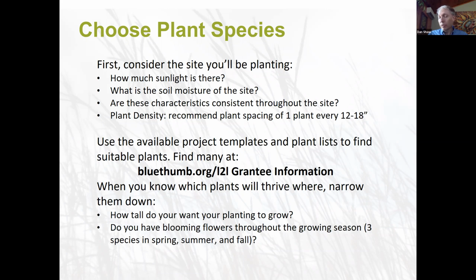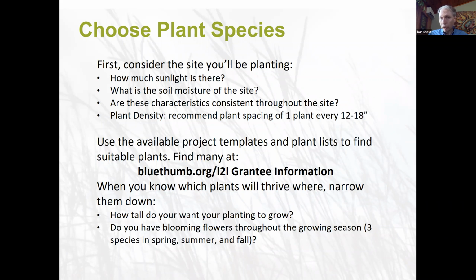And we do have different planting templates and species lists available on that website that John was showing. We found that those have been really helpful for this program, having some templates and different lists available. There's a list specifically for benefiting the rusty patch bumblebee that we're focused on for this program. So really good information there to check out.